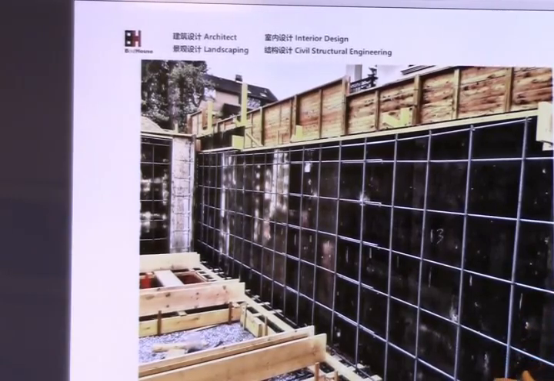We have the reinforcement here, and we have the form this way. Pour the concrete, put the anchor bolt. So that's the basic basement deeper foundation construction.